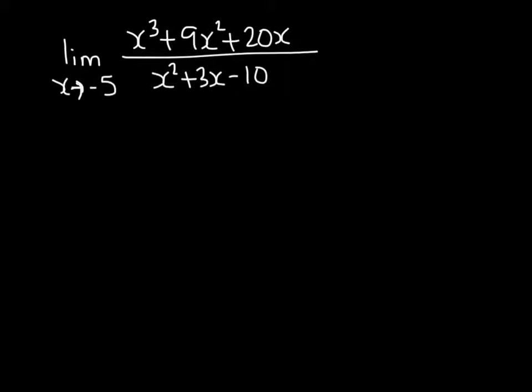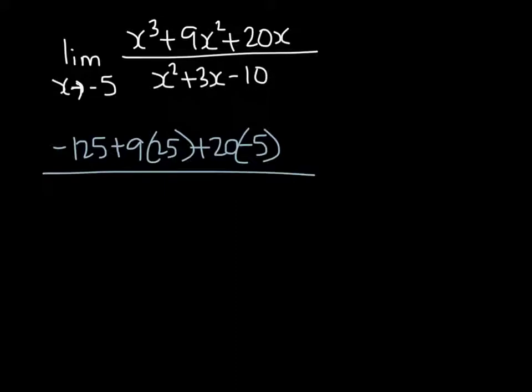The limit as x approaches negative 5 of this chunk of stuff. So let's try to plug in negative 5. What we'll get is negative 125 plus 9 times 25 plus 20 times negative 5 over 25 plus 3 times negative 5 minus 10.